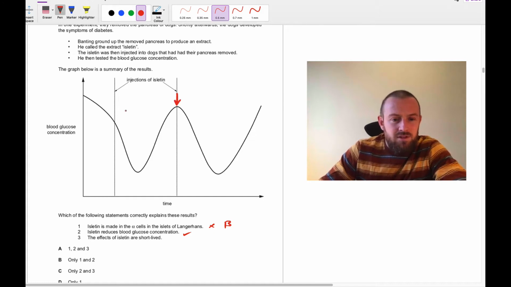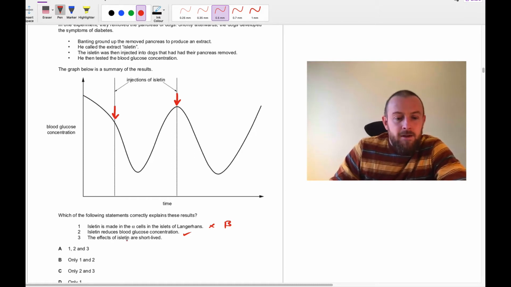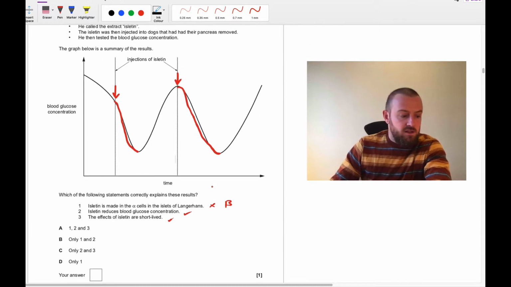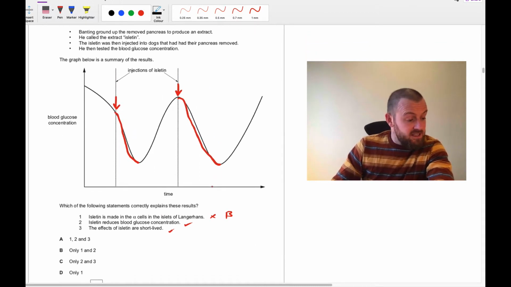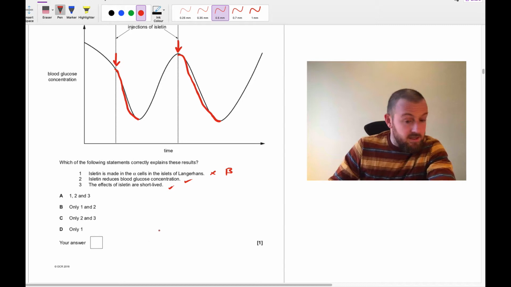This one's a bit weird, actually. I'm wondering about this because it looks like the blood glucose concentration is already dropping prior to this injection, so I don't know why that is. It does appear the effects of isletin are short-lived because after the injection, it takes the blood glucose concentration down just for a short period of time, and it comes back up again. So I would say 2 and 3, so therefore the answer is C. Yeah, and that is what the exam board says.